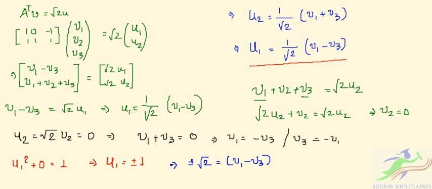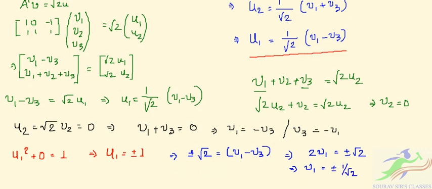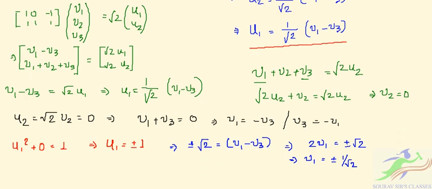And we know V3 is equal to minus V1, so twice of V1 is equal to plus minus 2. So V1 will be plus minus 1 by 2, okay, 2 by 2, 1 by 2.